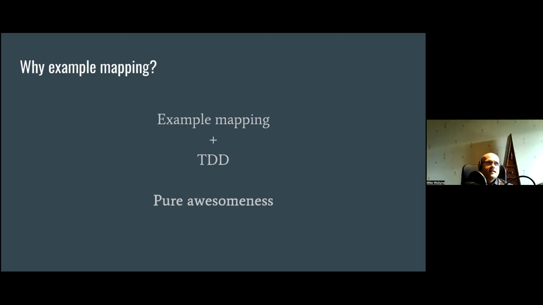I even go to the point where I actually do example mapping using test-driven development without sticky notes. I mean, people can run example mapping using a lot of sticky notes for quite a long time.